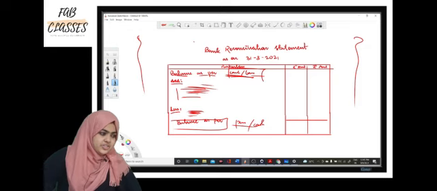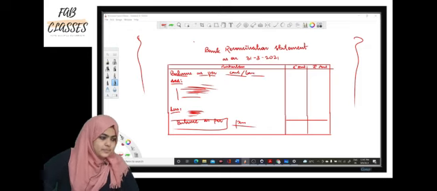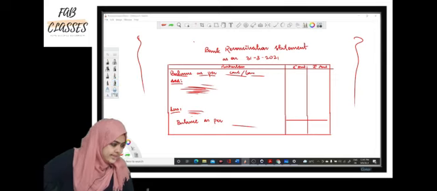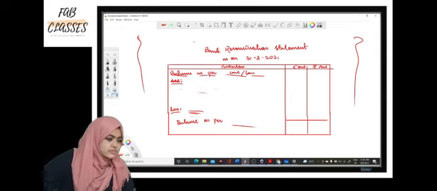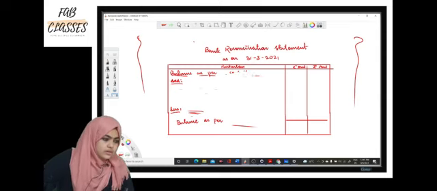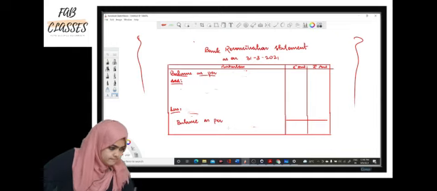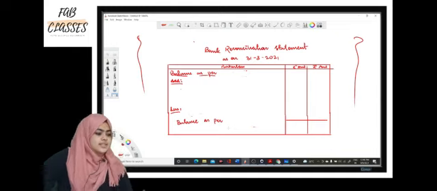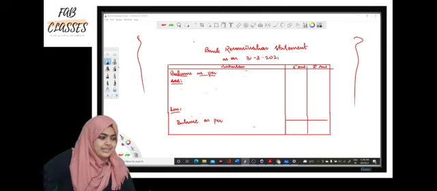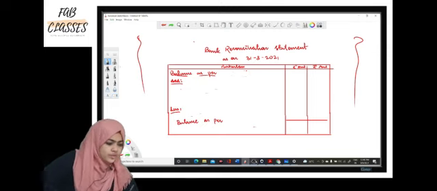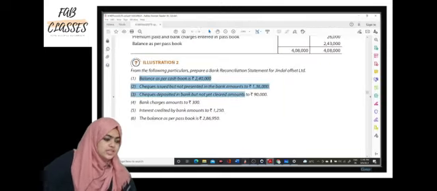This is our general format. Okay, so this is our general format of bank reconciliation statement. And now in the question both the balances are given.